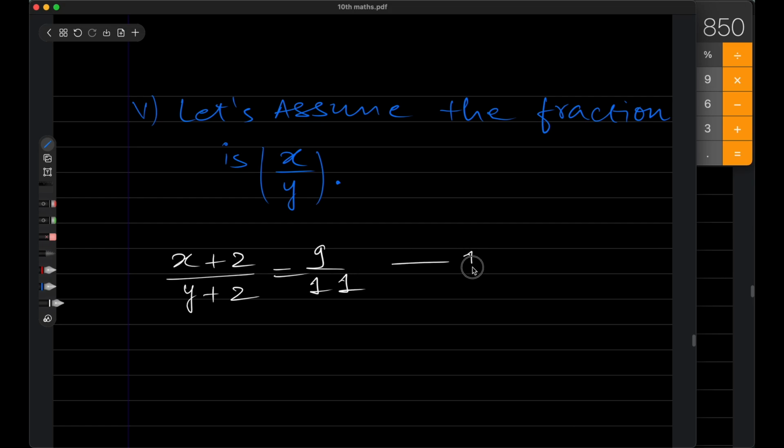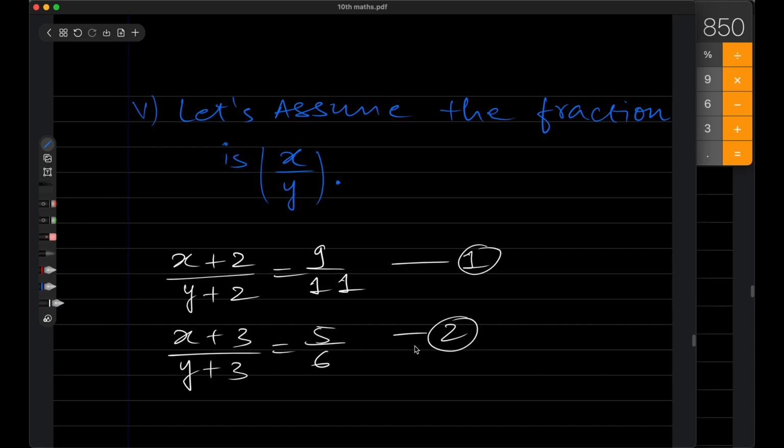This is the first equation. Second equation, that is 3 is added to both numerator and denominator, x plus 3, y plus 3, then the fraction becomes 5 by 6. This is the second equation. We have to find the fraction, that is x upon y. So we have to find the value of x and value of y.